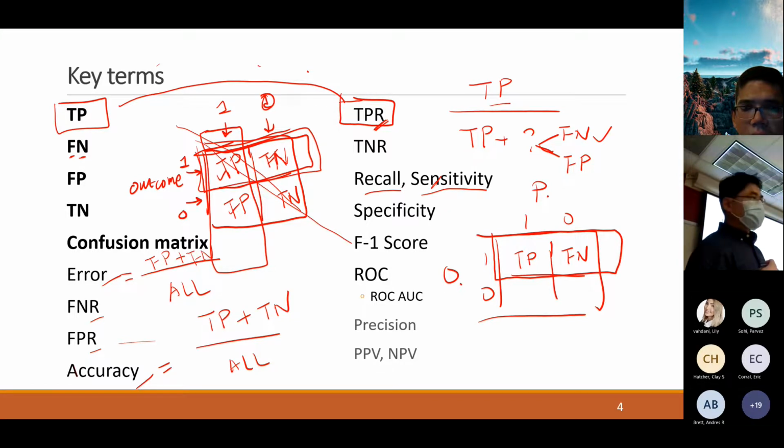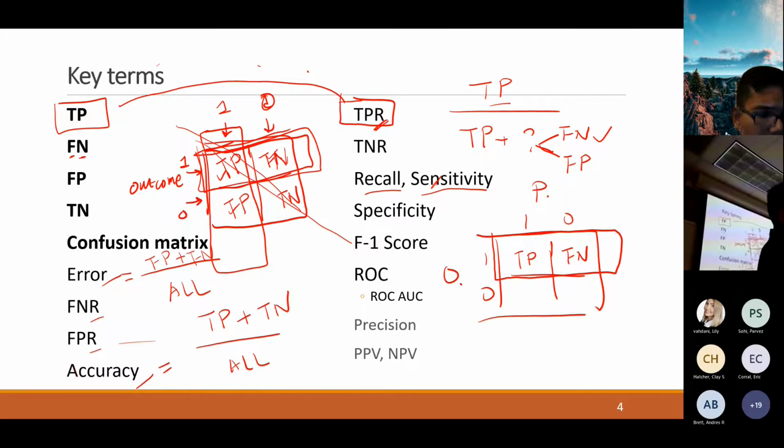Yes, so the denominator is 50. If you are given the opportunity to select 50, how many are actually identified will become the numerator. The recall or sensitivity is the capability of the algorithm to actually pick up the positive cases.